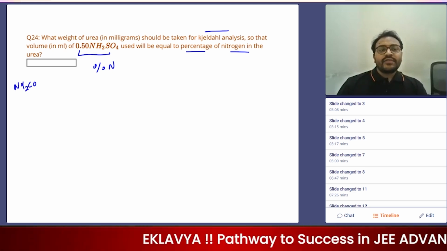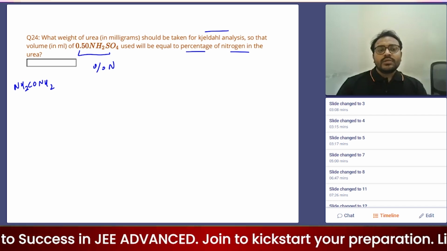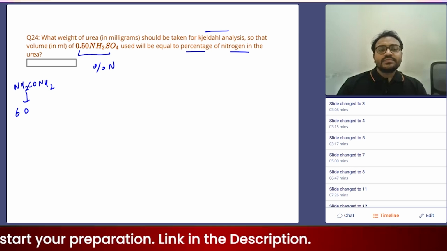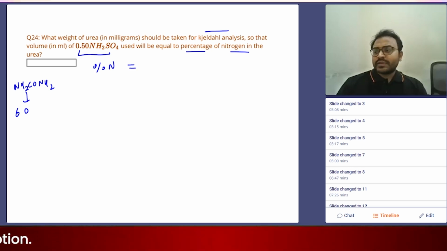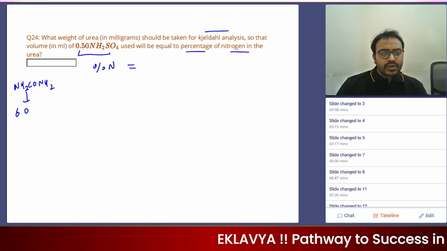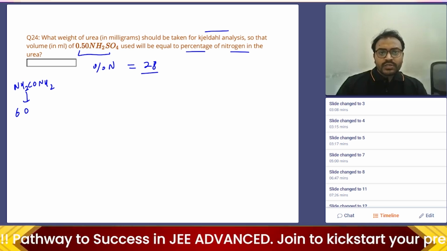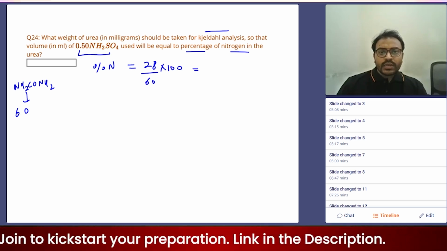So first we can find out the percentage of nitrogen in urea. The urea formula is NH2CONH2. Total weight is 60 and the weight of nitrogen is 28. So percentage of nitrogen will be equal to weight by total weight into 100. So 28 divided by 60 into 100.